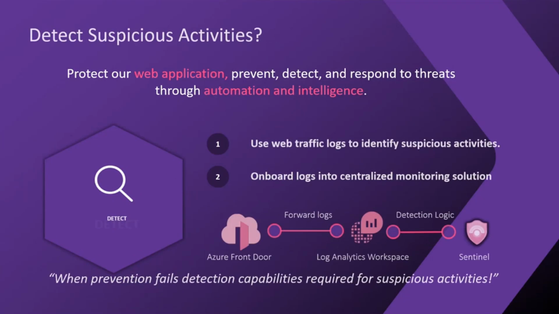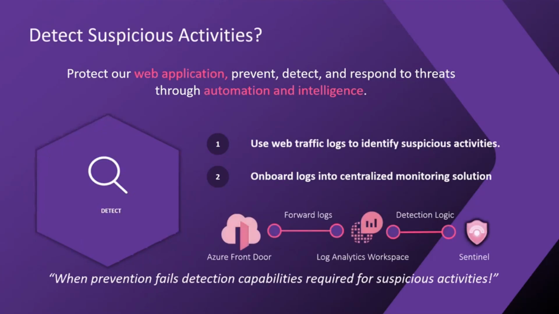From a detection perspective, what can we do there? Well, because we have Front Door for that web application, and we also have our web application firewall policy, we can use those web traffic logs and those web application firewall logs to see, okay, what are some of the suspicious activities?